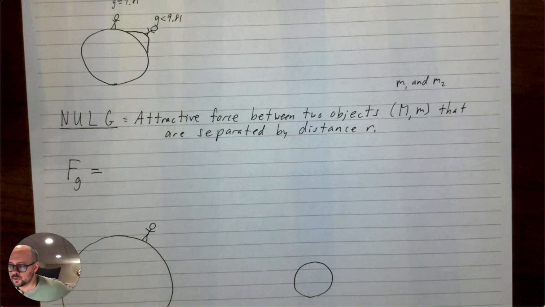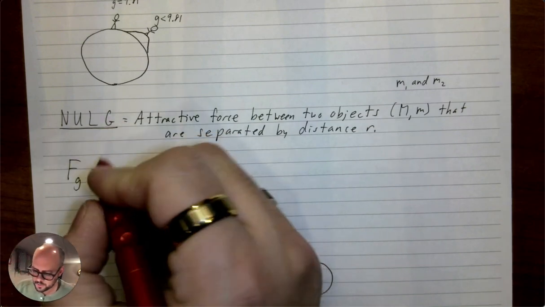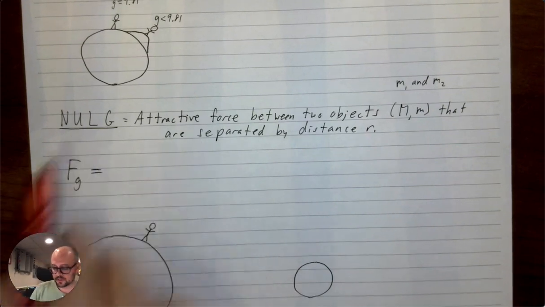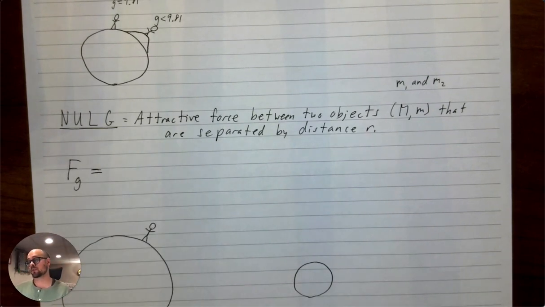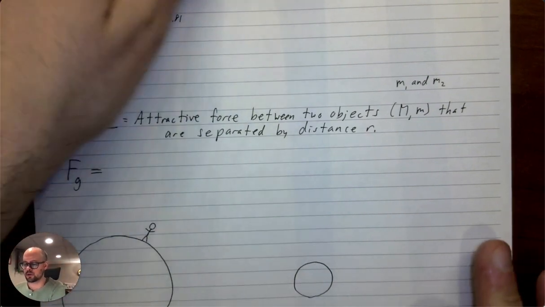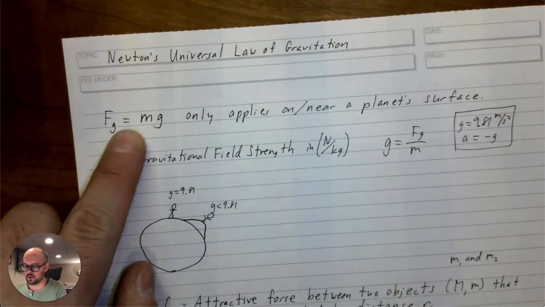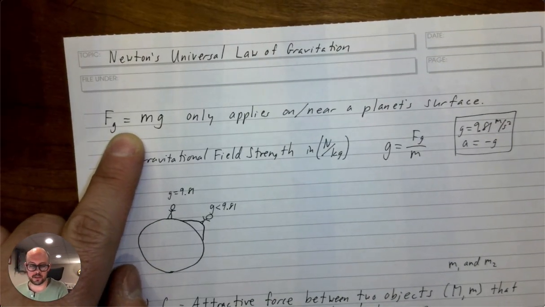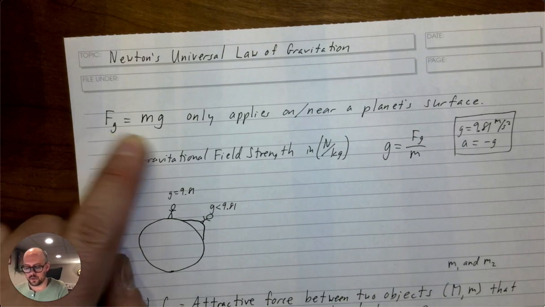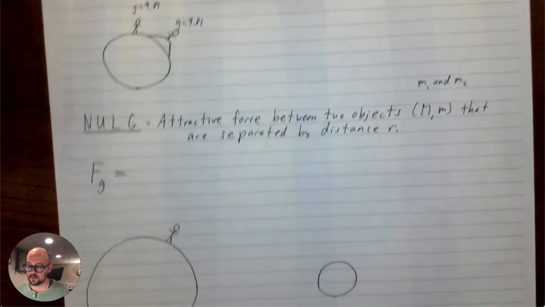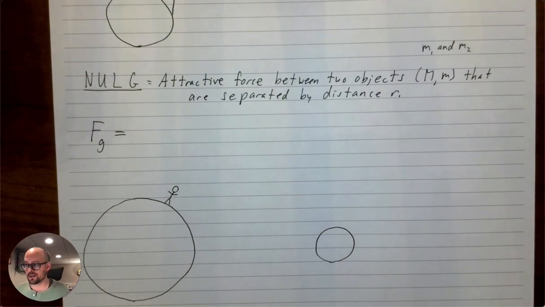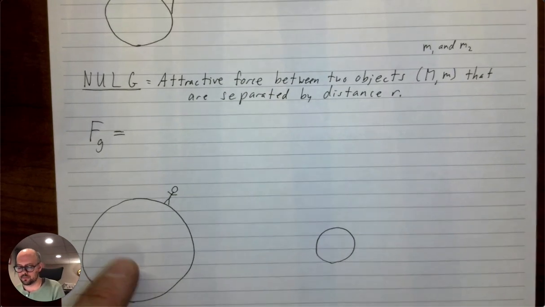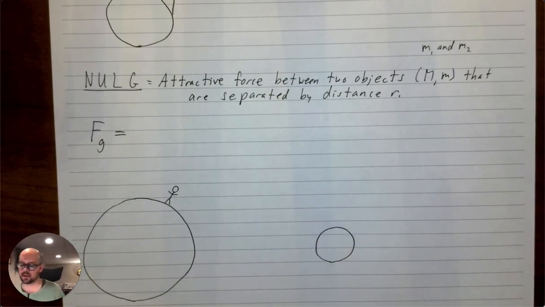It's called the universal law because it works anywhere in the universe. This other equation is the terrestrial equation. If something is on a planet's surface, we can use it to describe the effects of gravity. But if we are not at a planet, if we're talking about the forces between planets or something like that, we need this universal law.